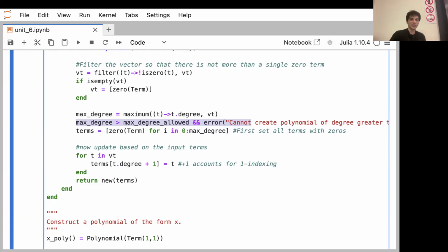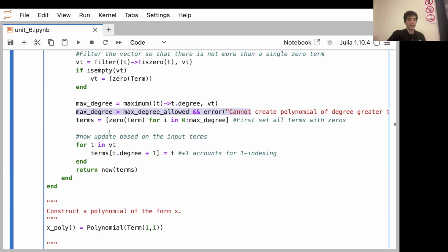Okay, so you look for the max degree among all of your terms. We are assuming that it doesn't exceed the max allowable degree. And then you put all the terms into a sort of ordered matrix like this, right? Where the ith position is going to hold the term of degree i plus 1. Now update based on the input terms.